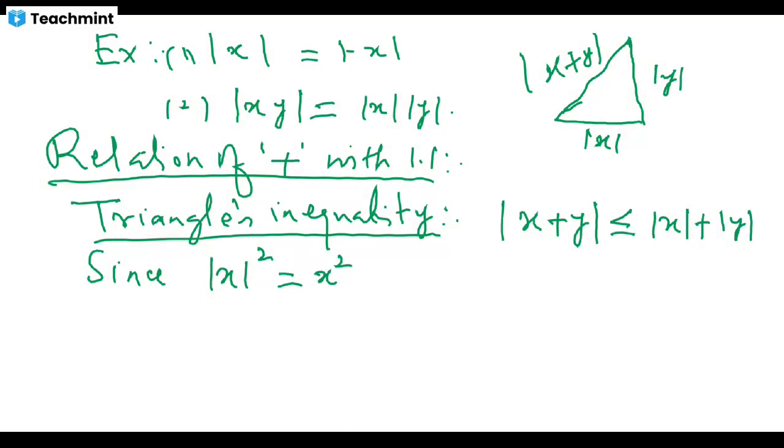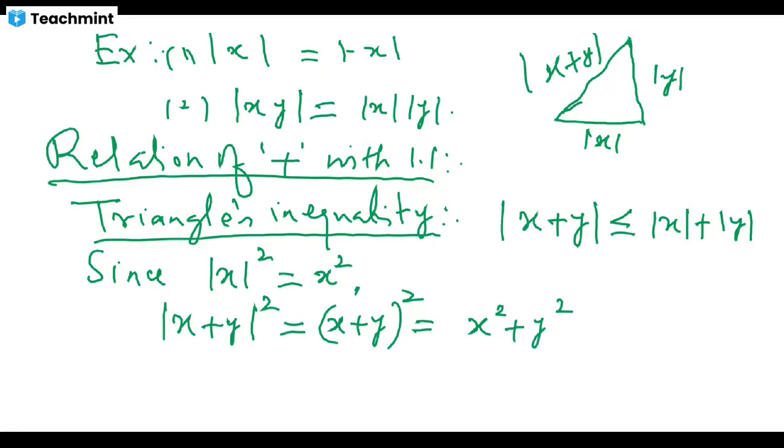So mod of x plus y squared is equal to x plus y squared, which I can expand as x squared plus y squared plus 2xy. Since x squared is equal to mod x squared, and y squared is equal to mod y squared, I replace them, and now you have 2xy.